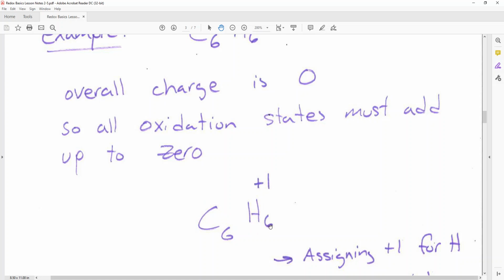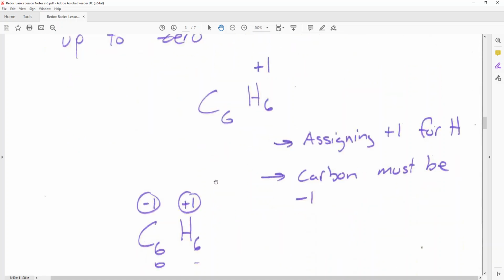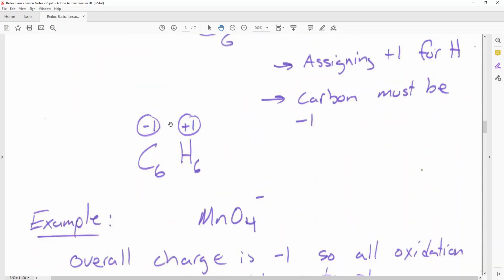Now, you have 6 hydrogens, so that's a total of +6. So the total for the carbon has to be -6, but you have 6 of them. So that means each carbon is -1. So if you were asked to assign the oxidation states for the elements in benzene, hydrogen would be +1 and carbon would be -1.